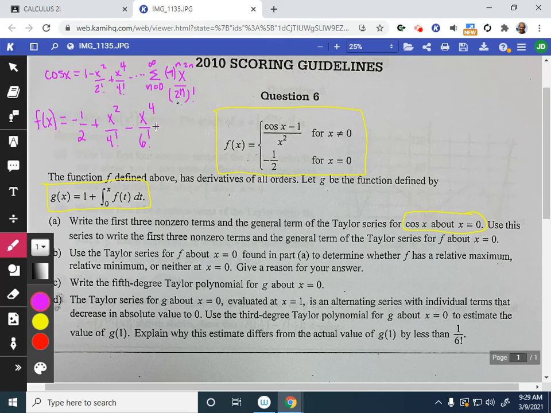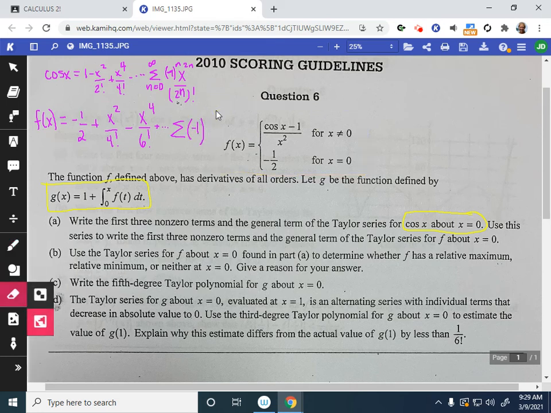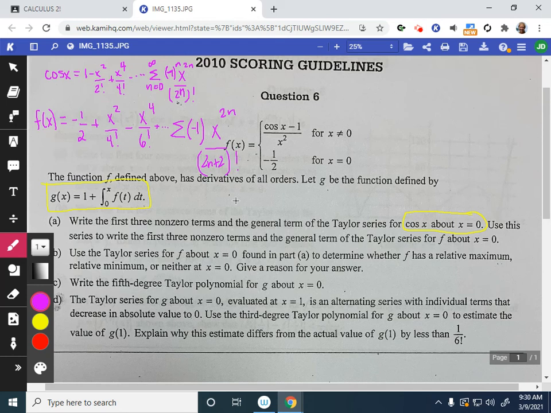And now the general term. So the general term is going to have an alternator. I'm going to have still x to the 2n, but now on the bottom, I'm going to have 2n plus 2 factorial. I think that will work.